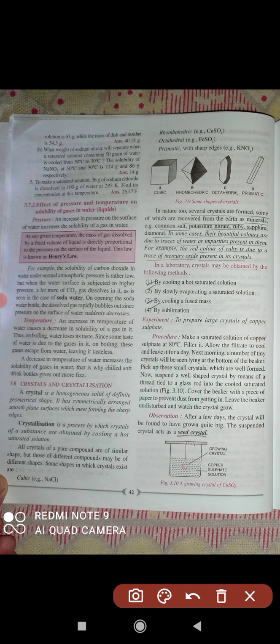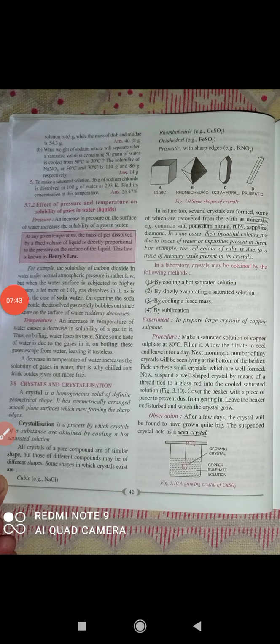At general temperature, what you will do is take a beaker and make a saturated solution of copper sulfate. After making the saturated solution, suppose that is the beaker with copper sulfate solution inside. Just keep it one day, then you can see a small bit of copper sulfate deposited below.